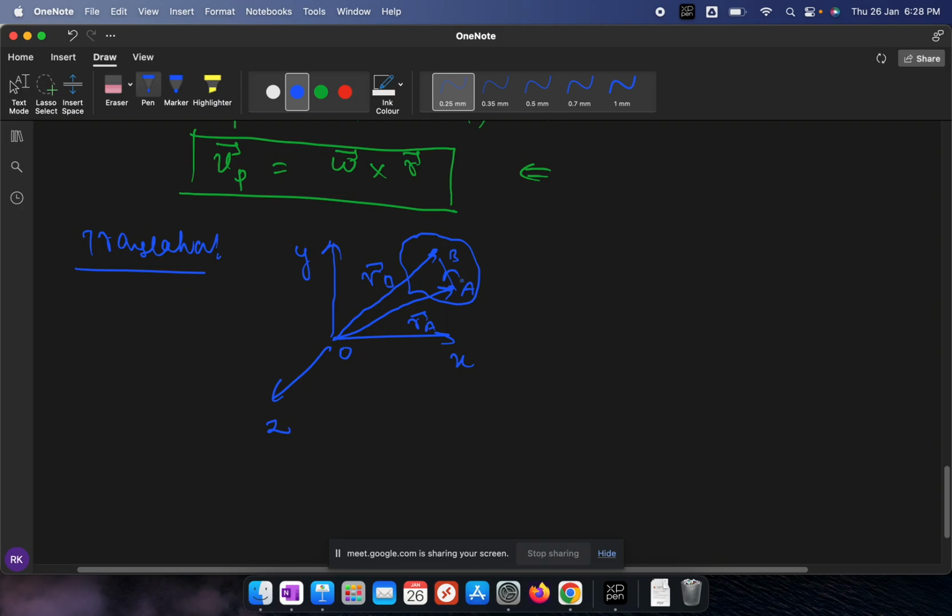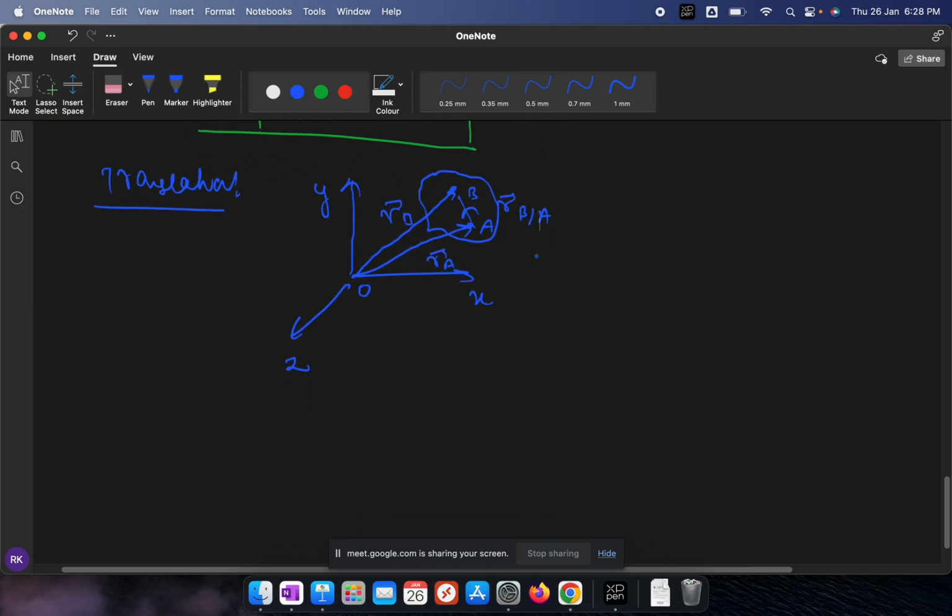This is RB with respect to A. From the concept of vectors, I can write RB equal to RA plus RBA, that is a vector which joins A to B.